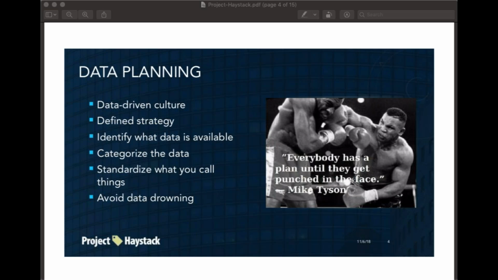The big difference we see in organizations is directly related to the culture. Is the culture open to utilizing data in how they make decisions? That is the most important factor. It isn't what type of facility it is.